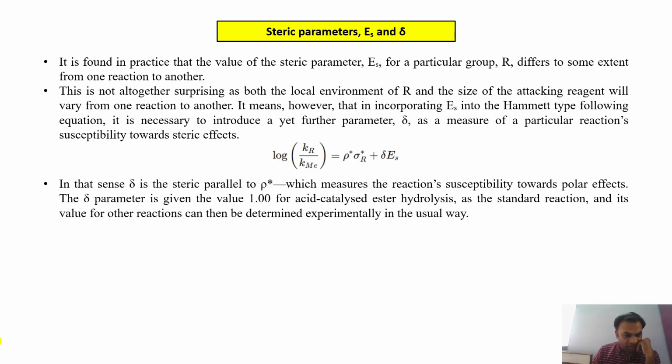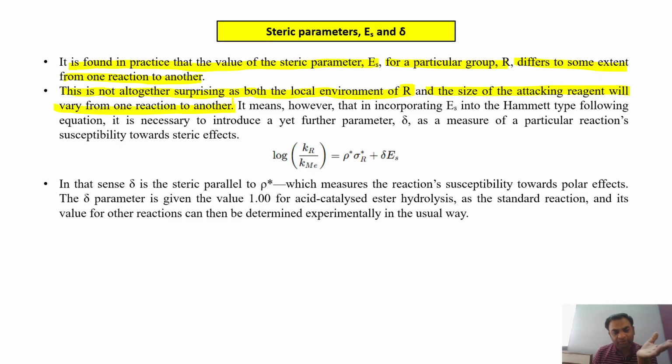Okay, so I am highlighting here. It is found in practice that the value of the steric parameter for a particular group R differs to some extent from one reaction to another. Now, this is not altogether surprising, as both the local environment of R and the size of the attacking reagent will vary from one reaction to another.